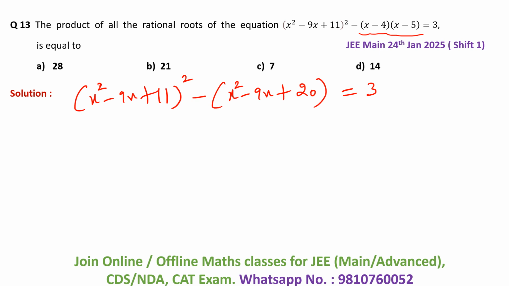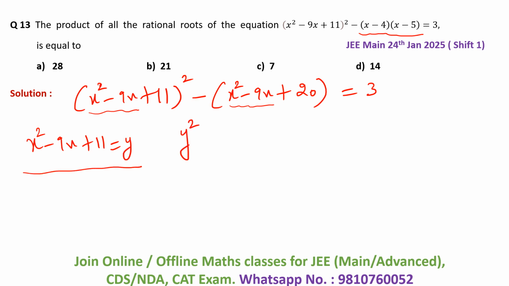Now students, we are clearly noticing a pattern that x² − 9x is common in both of these terms. So what I do, I put x² − 9x + 11 as y. If I put this value as y, the equation becomes y² − (y + 9) = 3, because 20 can be split into 11 plus 9.